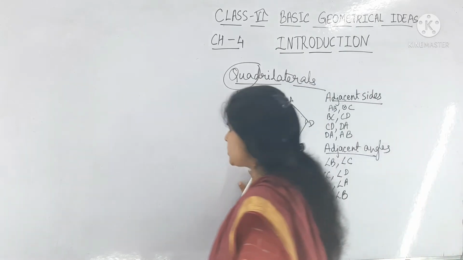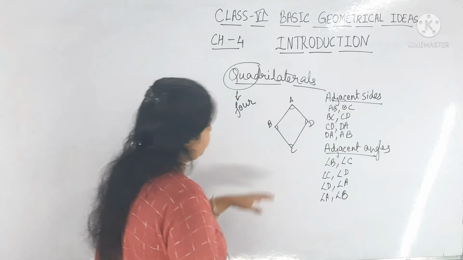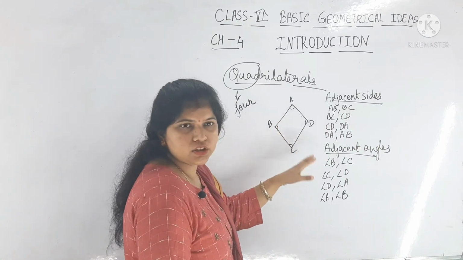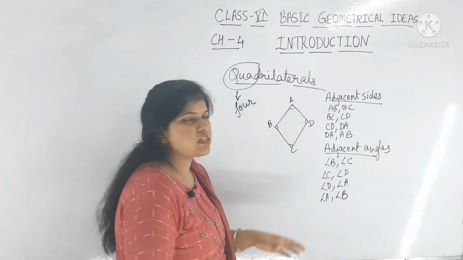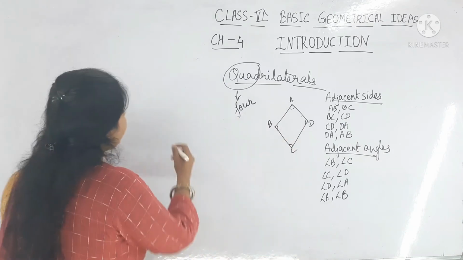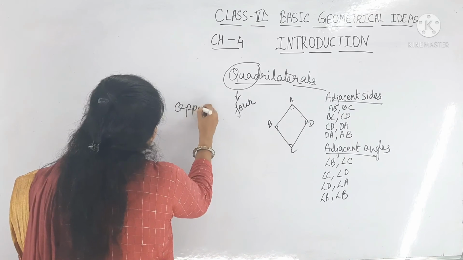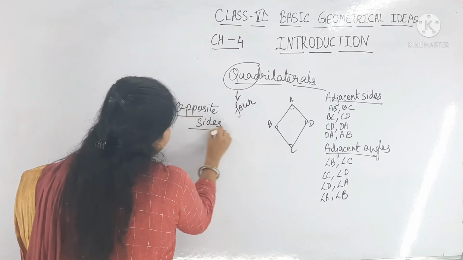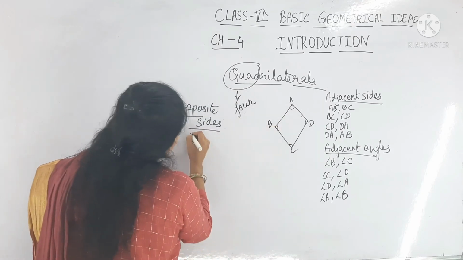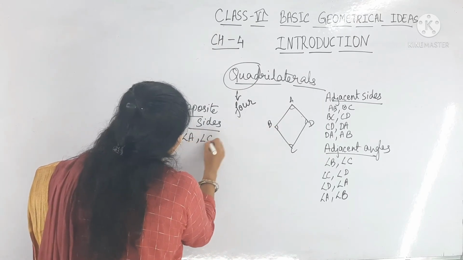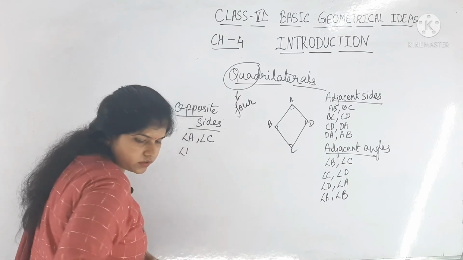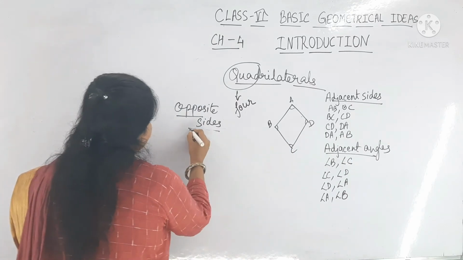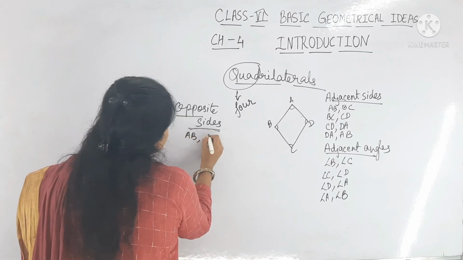Now the opposite sides and opposite angles are those in the opposite direction. Opposite sides: AB and CD.